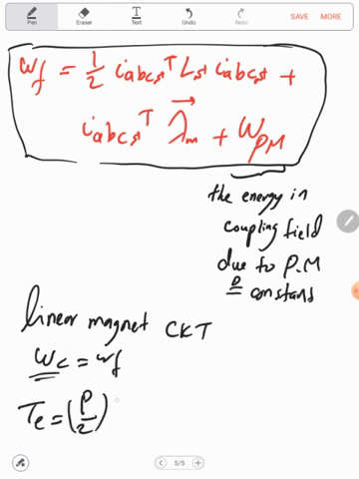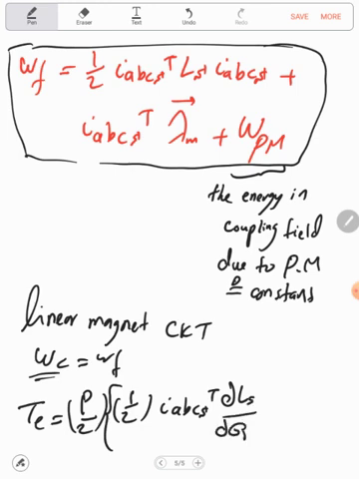Now we will differentiate 1 over 2 IABCS transpose partial LS by partial theta R IABCS plus IABCS transpose partial lambda m by partial theta r.